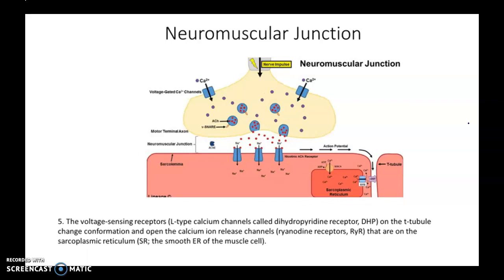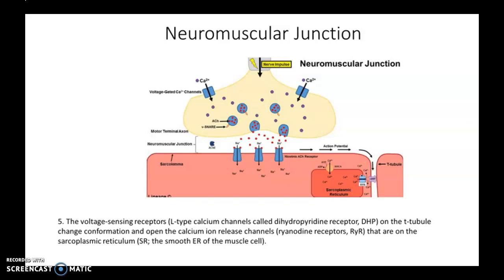As the action potential moves down the T tubules, there are voltage sensitive receptors called dihydropyridine receptors or DHP receptors that change shape or conformation, resulting in opening up of the calcium ion release channels, also known as ryanodine receptors or RYR receptors, shown in light blue here, that are on the sarcoplasmic reticulum.